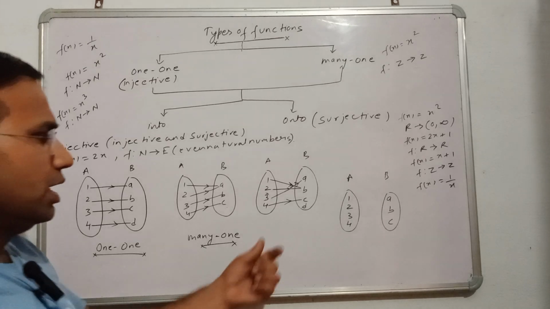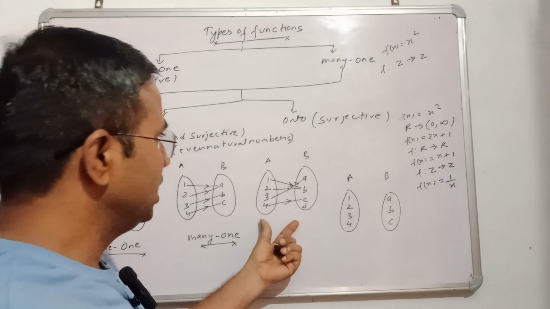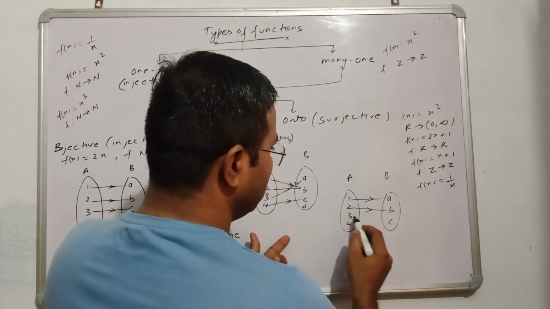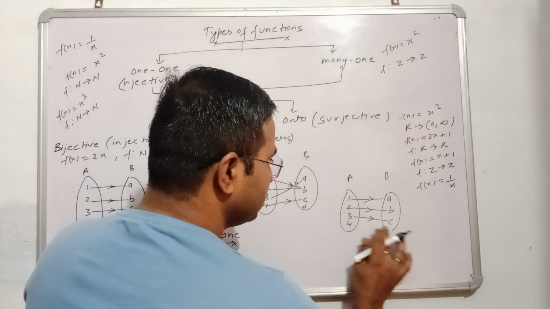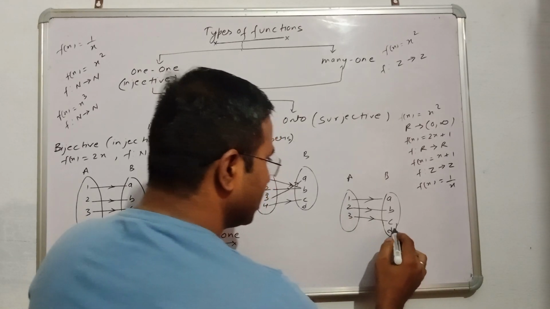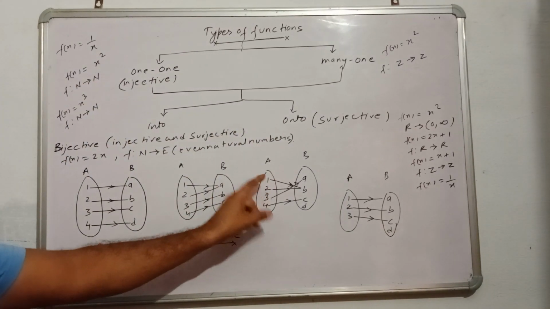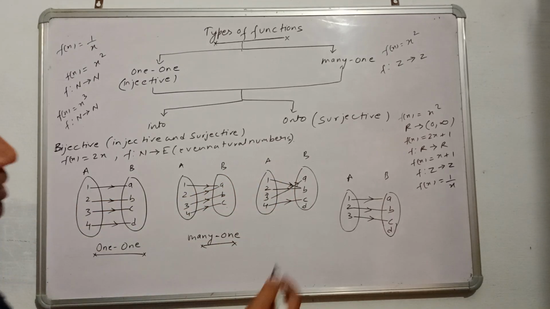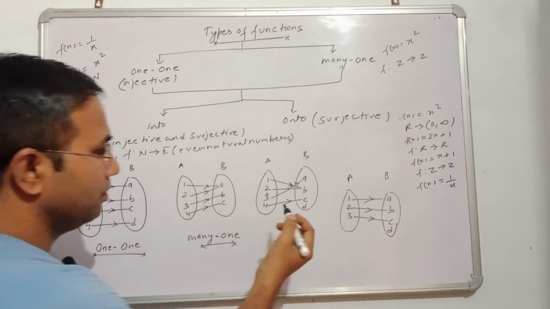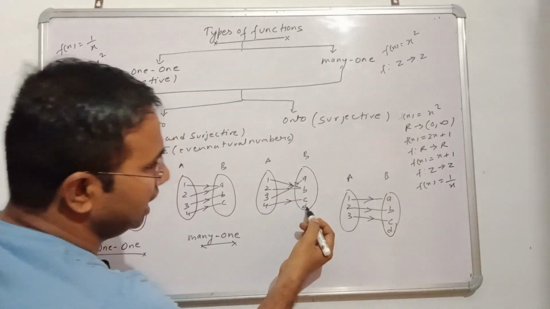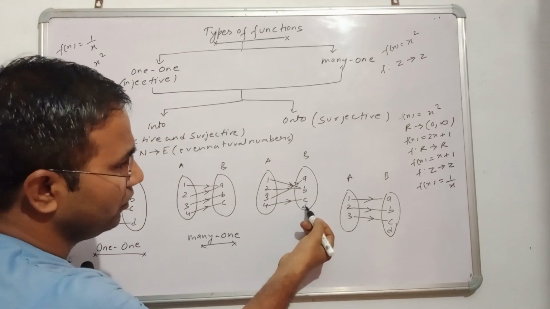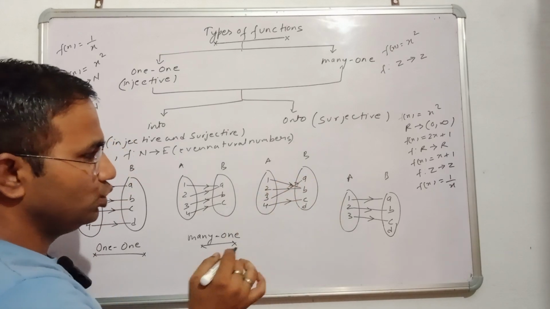Now in this also, see, two elements have unique image B, and every element has an image. But in this, one element is left to be mapped. See here, one element is left to be mapped.